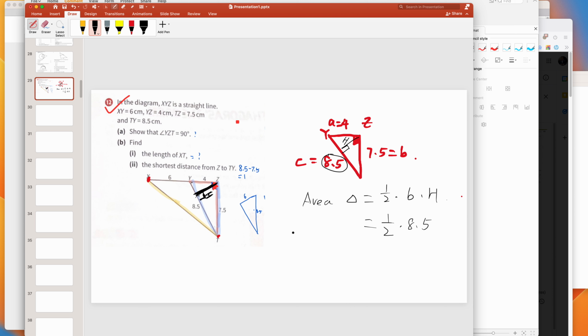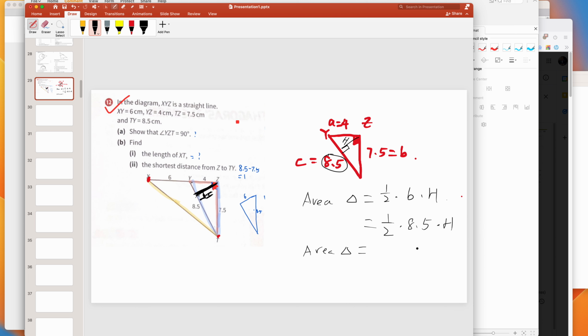The middle one, the h. Okay, good, which I don't know and need to find, right? So this is one way to find the area of triangle.